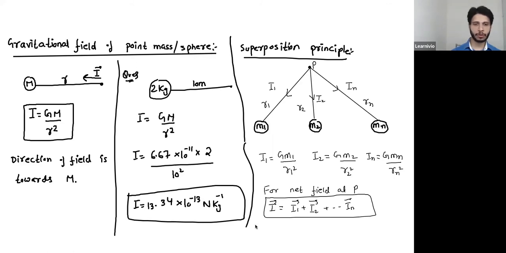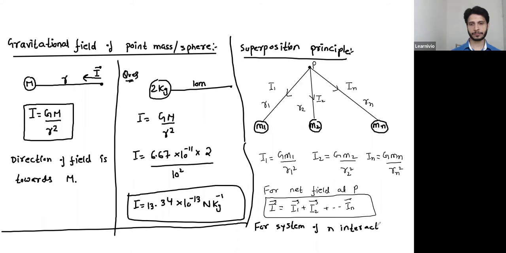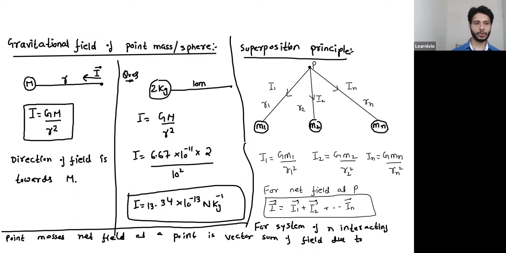So it says: for a system of n interacting point masses, the net field at a point is the vector sum of the field due to individual masses.